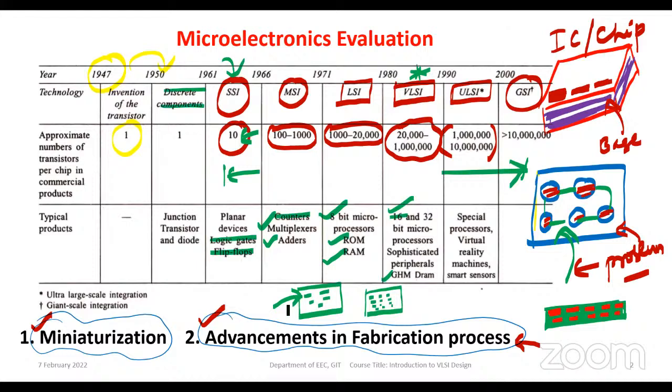Okay, so the bottom line from this slide is that the microelectronic evolution, based on miniaturization and advancements in the fabrication process, made us move from one integrated circuit technology to another integrated circuit technology.